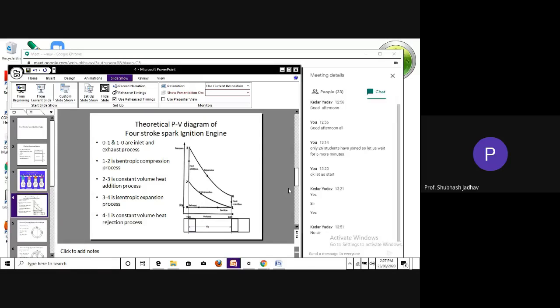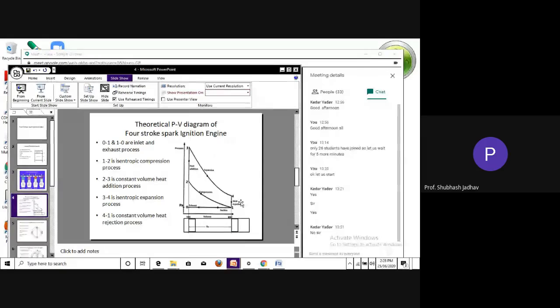Now, what will happen if it is converted into a closed cycle? Now we can go for thermodynamic analysis. It is amenable to analysis when it is a closed cycle, and difficult to analyze when it is an open cycle. Therefore, we convert an open cycle into a closed cycle by adding the extra process 4 to 1, which we call the constant volume heat rejection process.